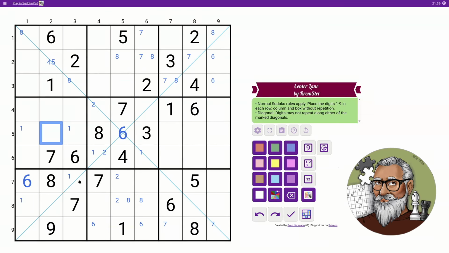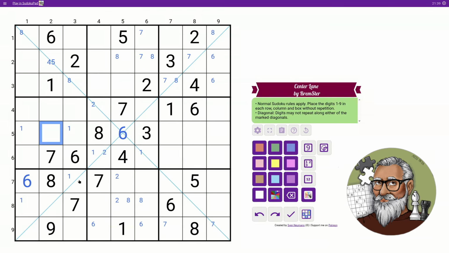And when this one is 1, that one is 1. But in both cases, they eliminate 1 from all of these 3. Right? So when these are 1, all of these are eliminated. You can see that, right? And when these are 1, all of these are eliminated. Well, we're leaving those. So these 3 are not 1.